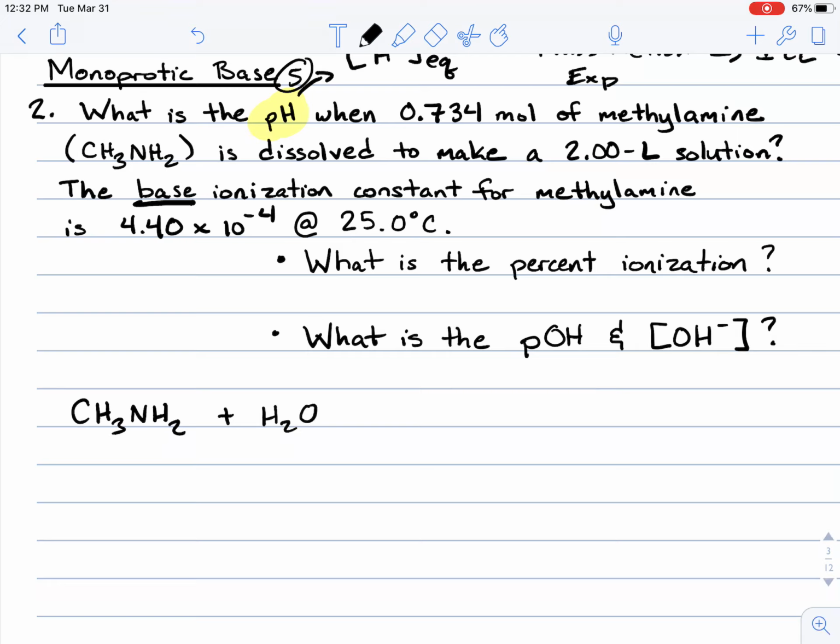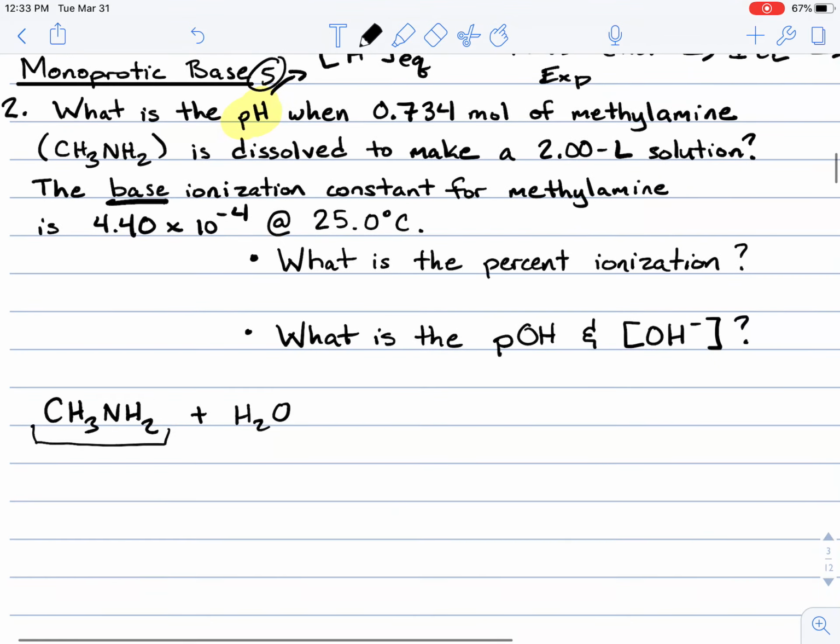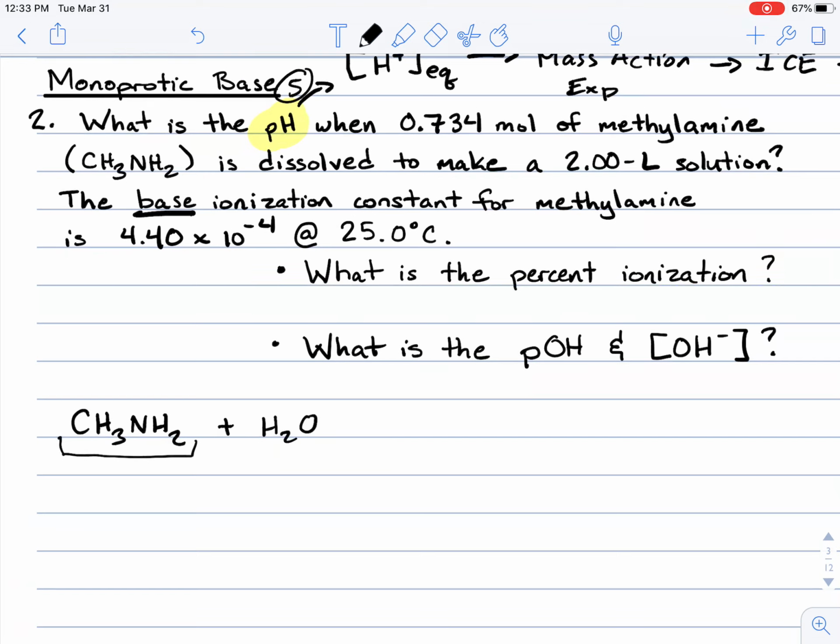And so if you look at the structure of this base, typically when we think of bases, we're thinking of hydroxide ions. But hydroxide ion is nowhere found in methylamine. And so the source of those hydroxide ions is actually going to come from water.